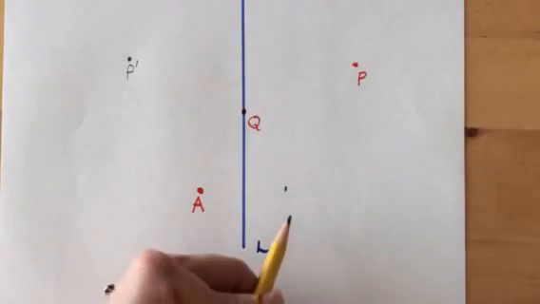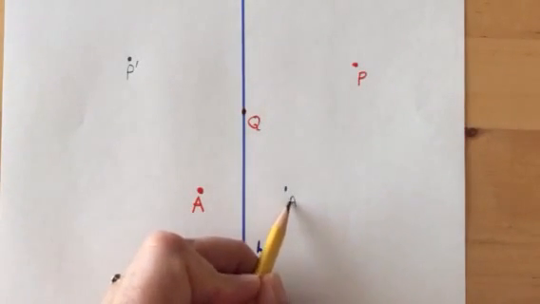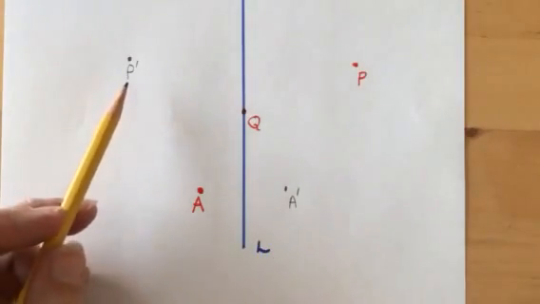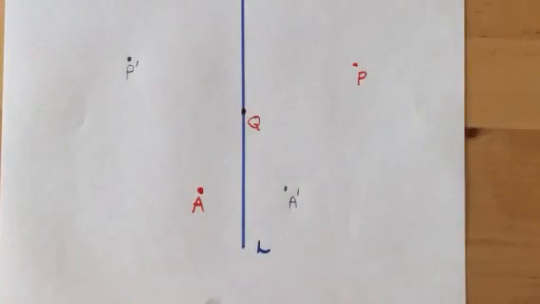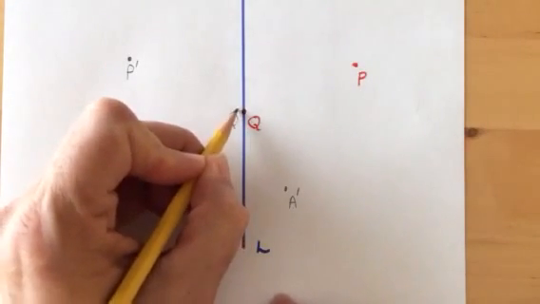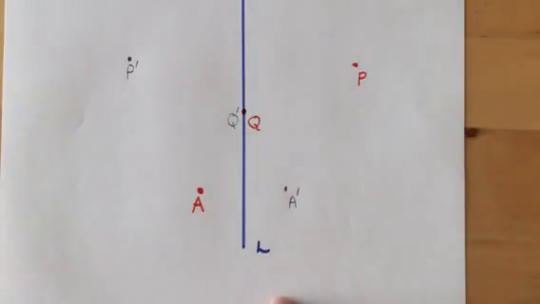There's the image of P, and then this would be the image of A. So A prime and P prime show the transformed points on that. And then we could also call this Q prime, but it hasn't changed. Q prime is the same point as Q.